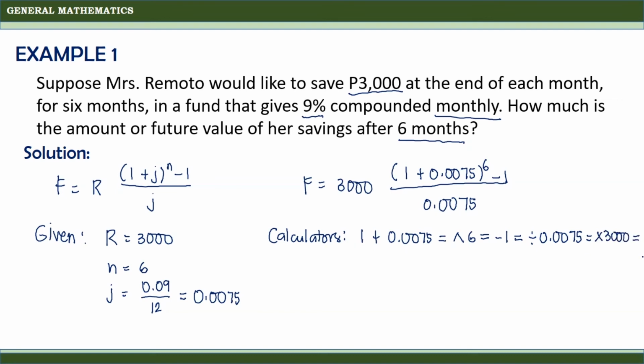Putting this on our calculators, we will have the final answer to be 18,340.89. Notice that we have arrived at the same answer just like on the illustration we have presented earlier.